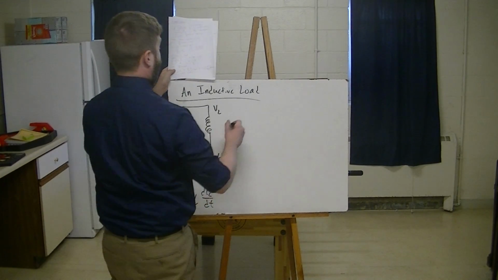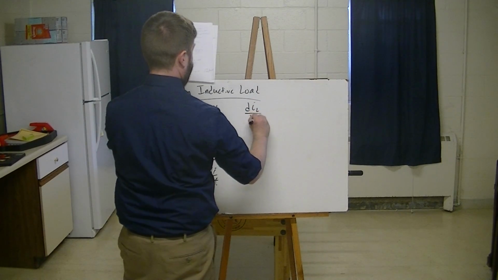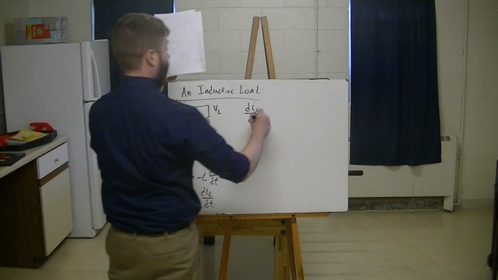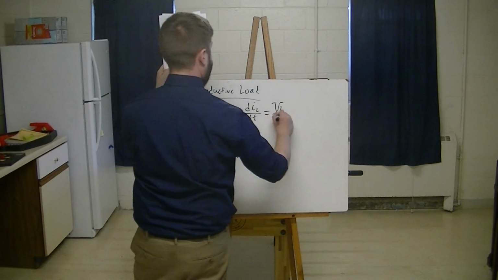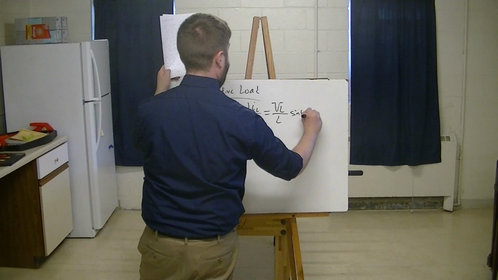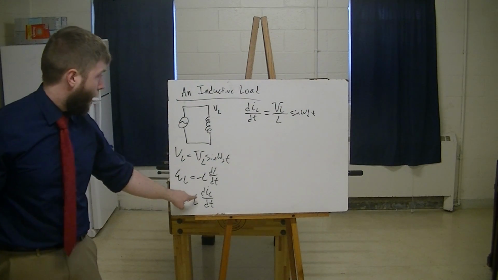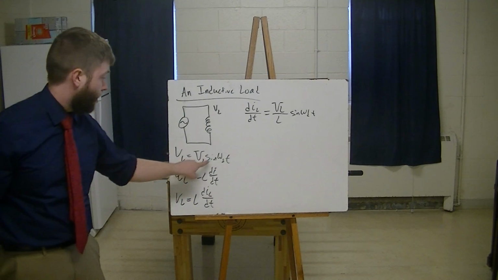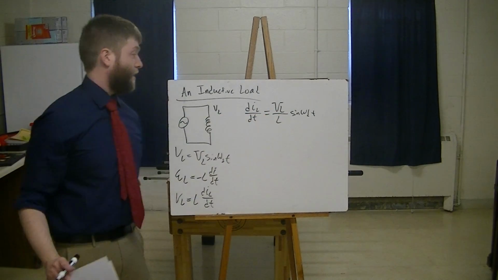What I'm going to have is dIL, the time derivative of the current inside the inductor, is equal to the maximum amount of voltage across the inductor divided by the inductance times the sine of omega dt. Okay? So look what I did here. I divided the L over to the other side, and I replaced this VL with the VL sine of omega dt.